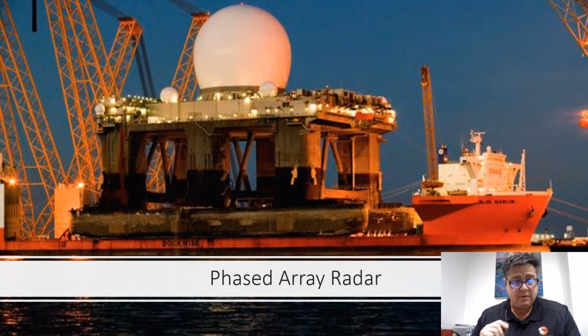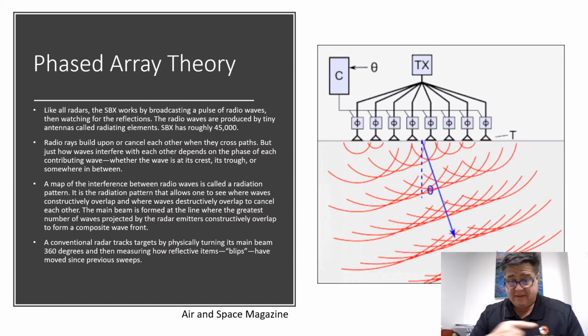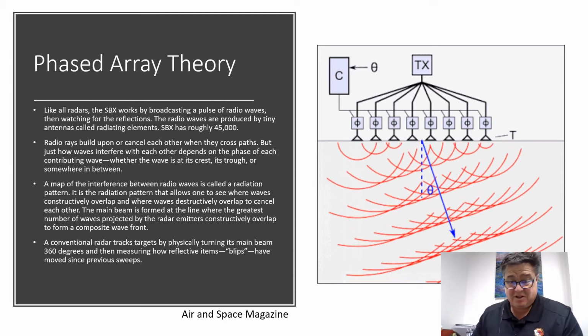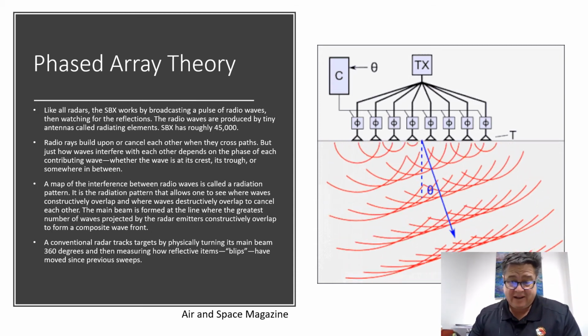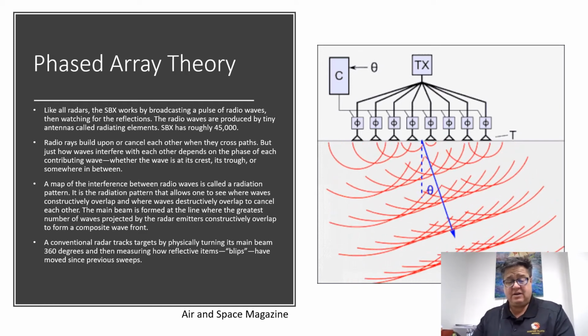Little bit different when you're creating a wavefront of electromagnetic energy using a phased array radar. Oh, can't help it. That thing you saw before, that's for tracking missiles and bad guys over the horizon, and it's on a ship, and it's based out of Hawaii, so we see it out in Hawaii quite a bit. But phased array theory, give my credits here to Air and Space Magazine.